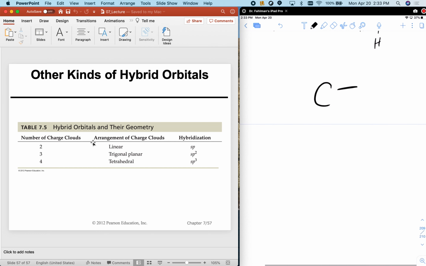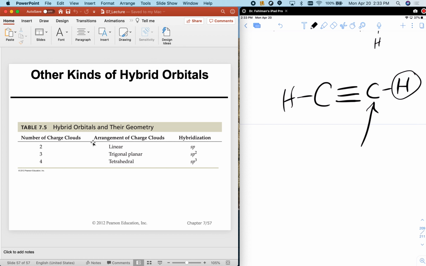This one is only bonded to 2 other atoms, so that'll be sp. So basically, just look at however many things are bonded to that atom, and its hybridization is 1 less than that, as far as the superscript on the p. If it's bonded to 4 things, it's sp3. 3 things, it's sp2.